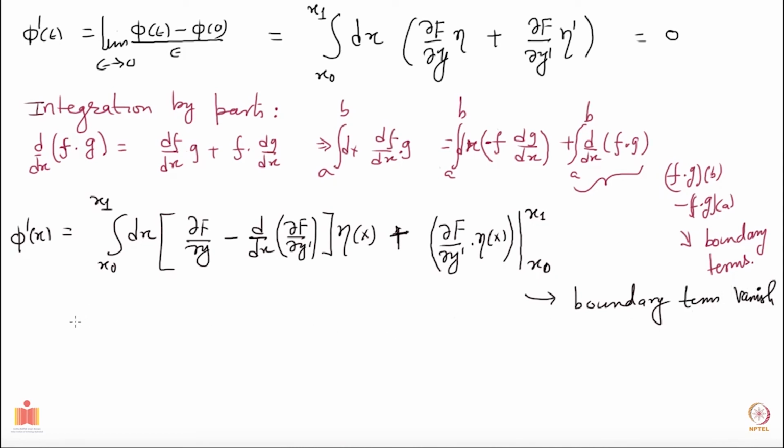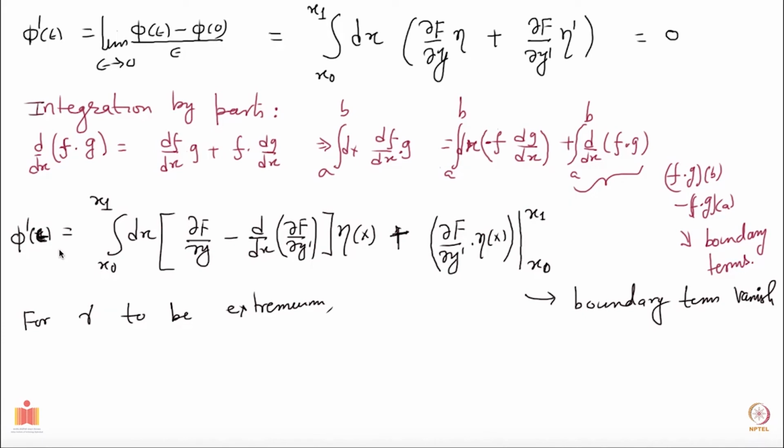Okay, so now what you are left with is this, which means for gamma to be an extremum or a stationary point, phi prime of epsilon should be 0.